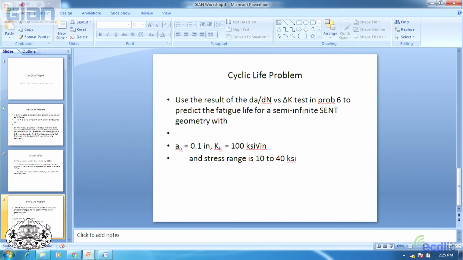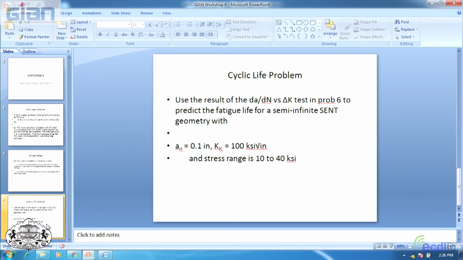I have to go find that for you. And pick A0 is 0.1, K1C is 100, the stress range is 10 to 40, and assume semi-infinite single edge tension. We want to pick semi-infinite so the F value doesn't change.